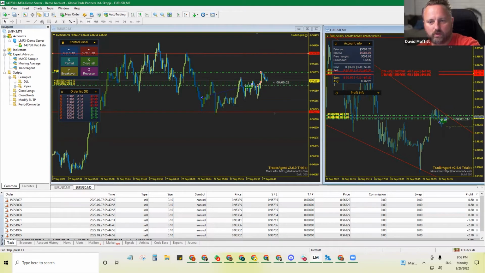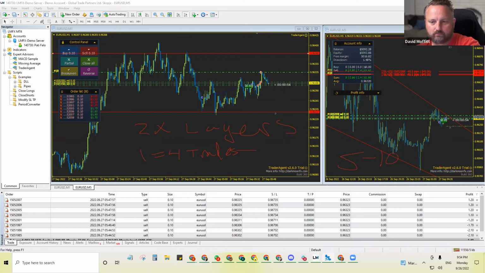The number one thing that I'll do a lot is I'll double my layers, meaning that if you're trading with one layer and that equals 4 trades, that is awesome to do in the daytime when you have 5 to 10 pip swings or price cycles.